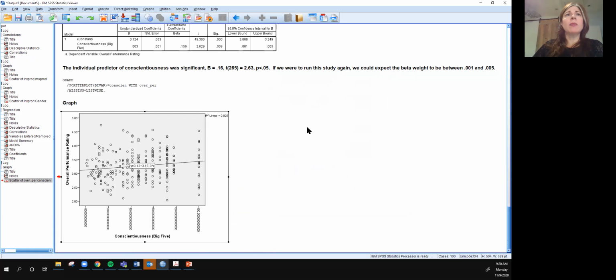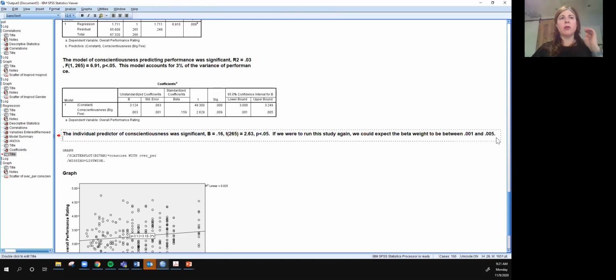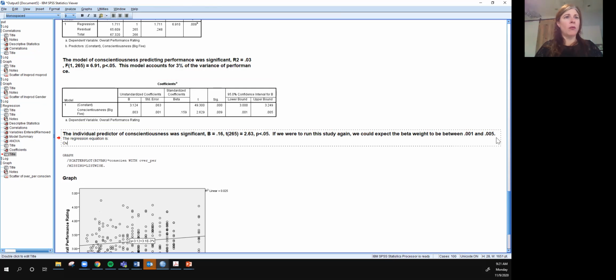Right. And so the last thing that I want to show you is how to write out this equation. And so let me do it up here. So this is something you haven't done before that you're going to do with all your regressions. You're going to write the regression equation is overall performance equals.